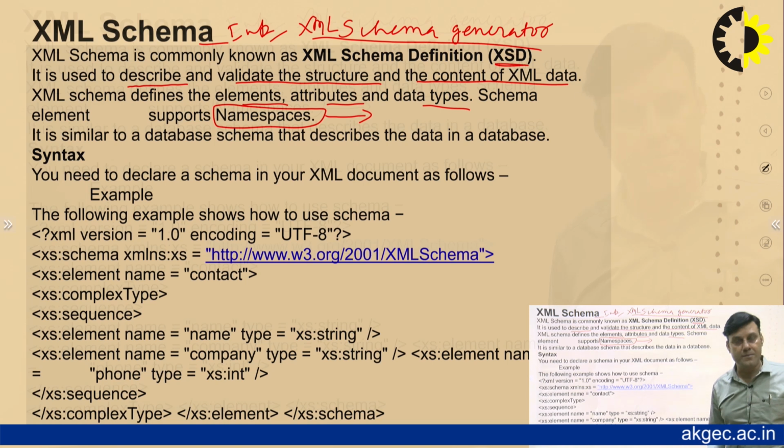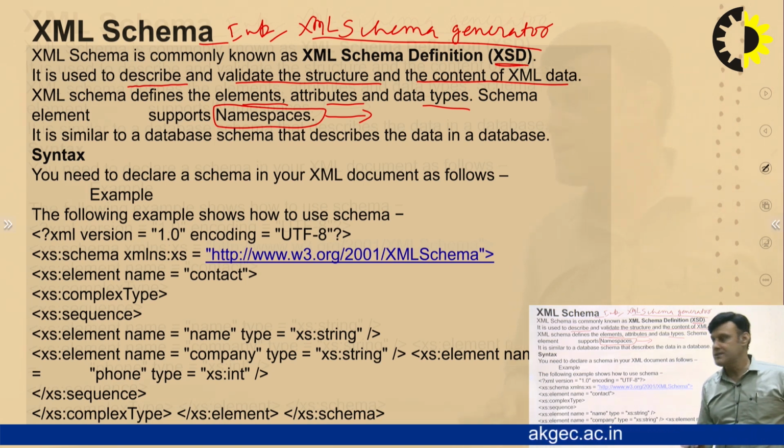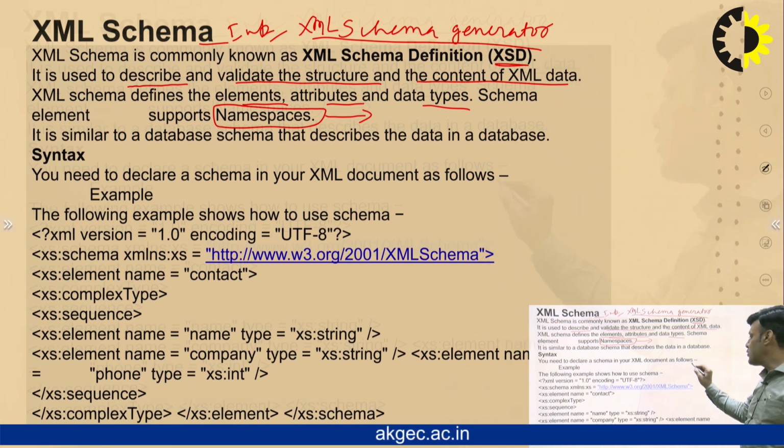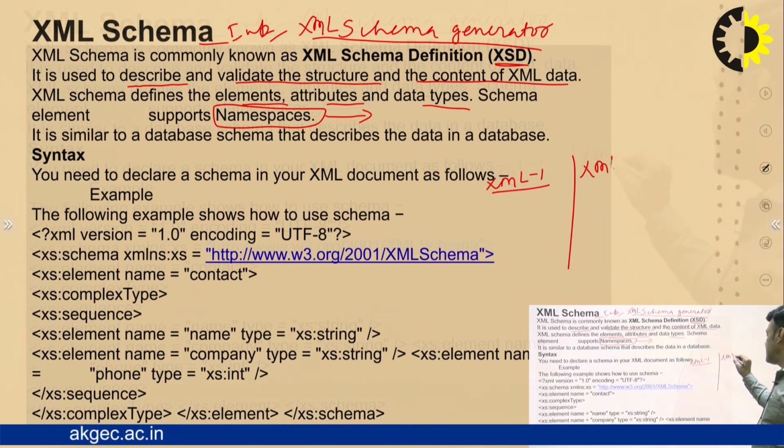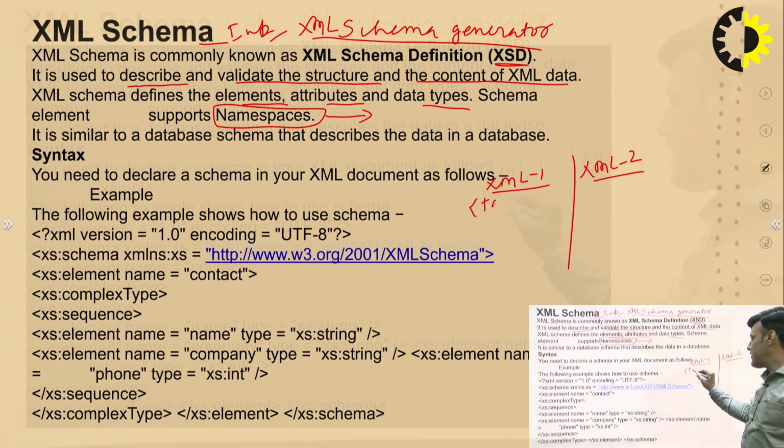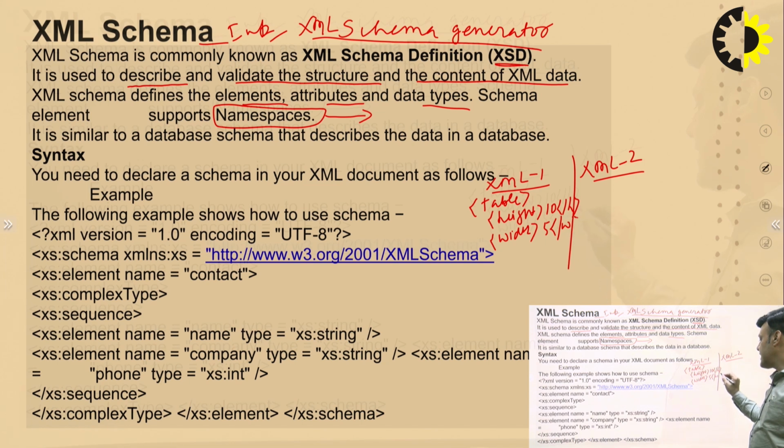What is the concept of namespace? For example, I have two XML files, XML file 1 and XML file 2. In XML file 1, I am using a table tag, and in the table I have defined the height of that table, for example 10, and a width tag, then close the width tag and close the table tag.